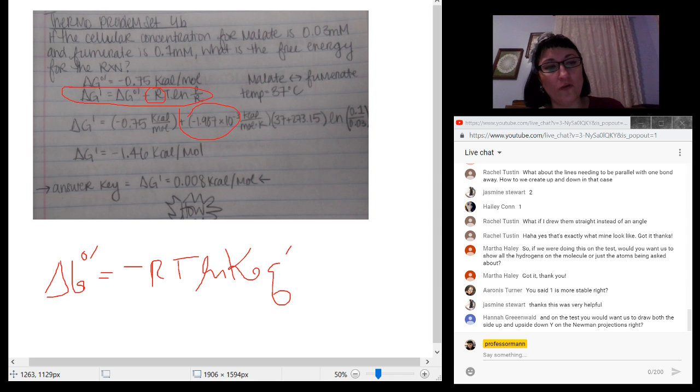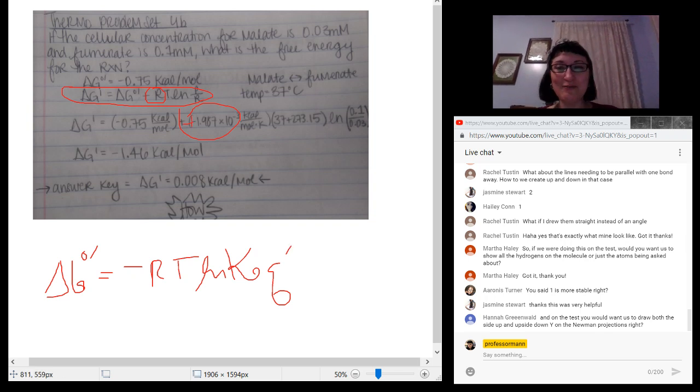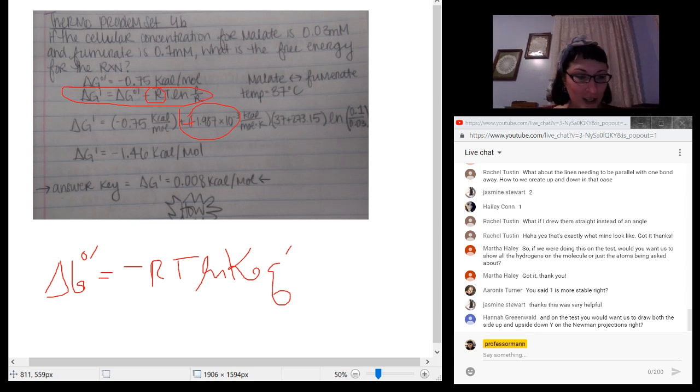And that's just when you solve when delta G prime is at equilibrium, it's equal to 0. So when you solve for that, this is the equation that you get. But that should be a positive 1.987 times 10 to the negative third. That will give you a drastically different answer. So check that one and make sure that that makes sense.